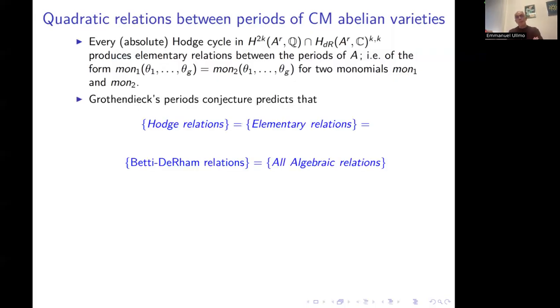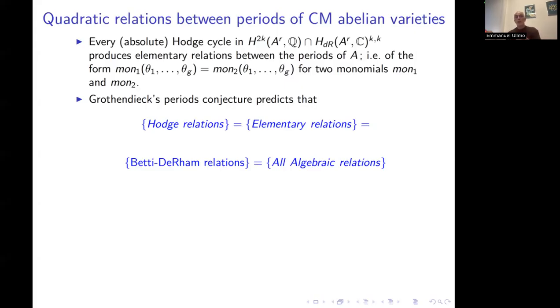So if you look at the Grothendieck periods conjecture, you have the relations given by the Hodge cycles on powers of A, if you want.